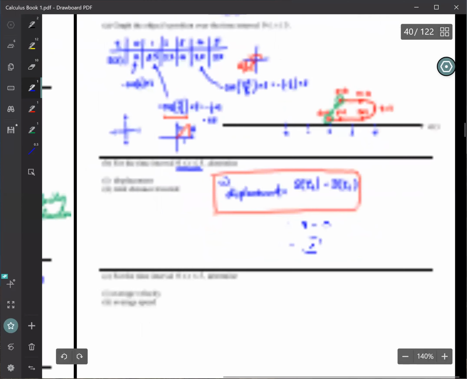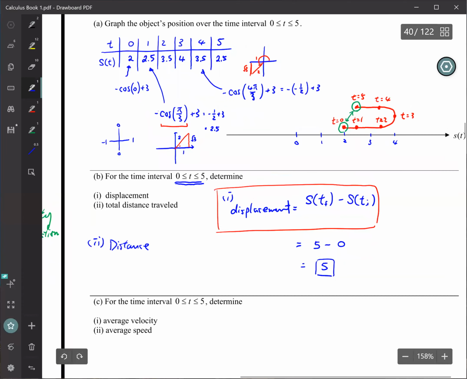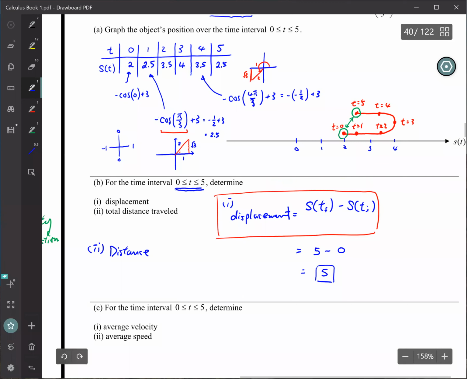Okay, and then second thing is the distance. So distance, you have to look at all the path that you traveled. Okay, so that means I want to include everything along the red line, not just the beginning spot and the final spot, right? So you can see from the graph, it turns around at t equal to 4.